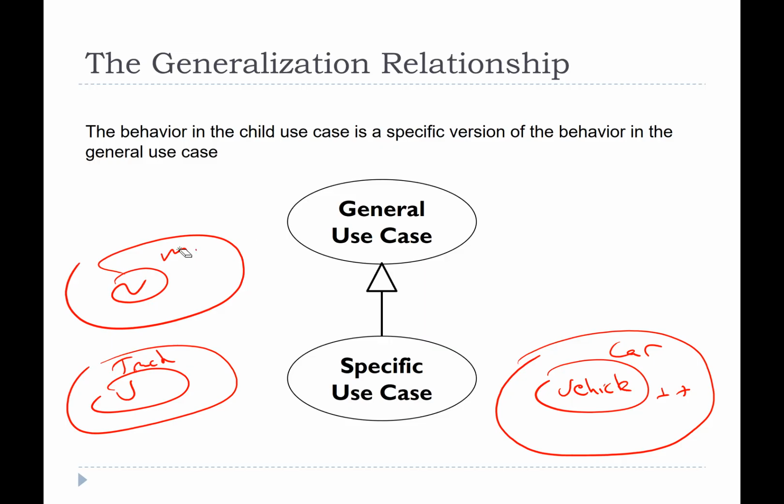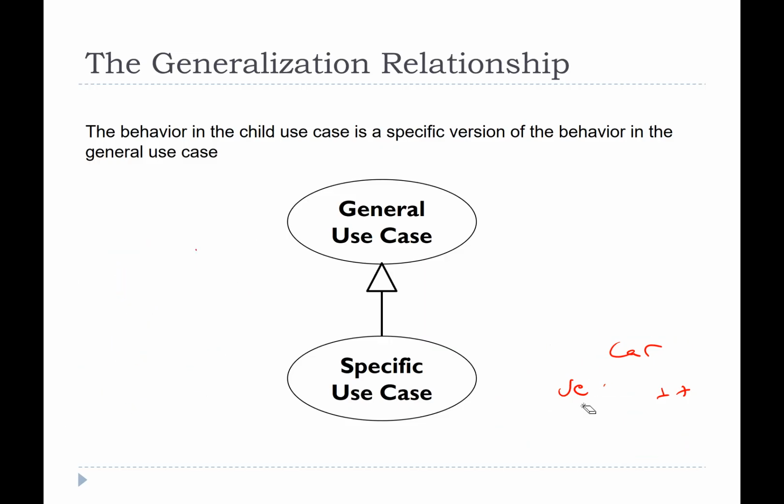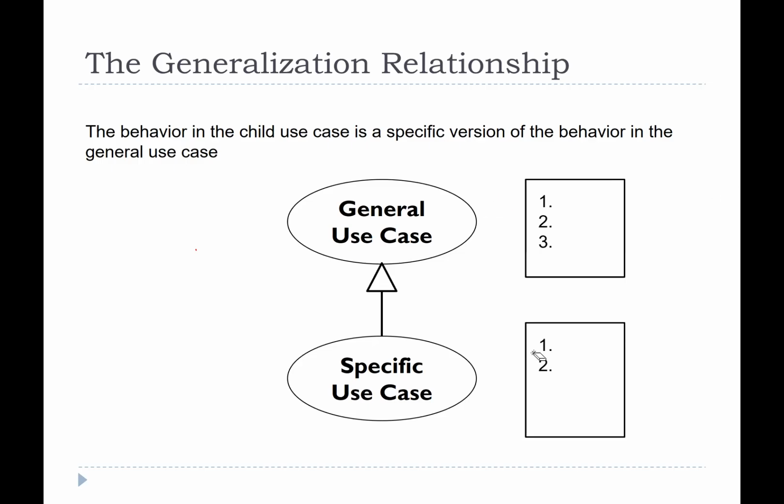Now with use cases, what we're basically saying here is that this is some sort of a general service, and in relation to that general service, the specific use case is a specific type of service. Before we look at some examples, remember, just like the inheritance that we do in SE 120, everything that we had in here gets inherited to the bottom.